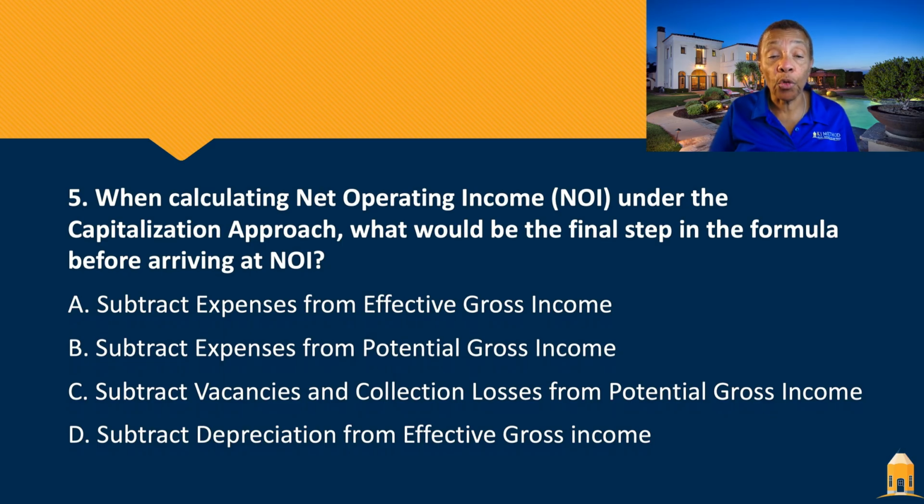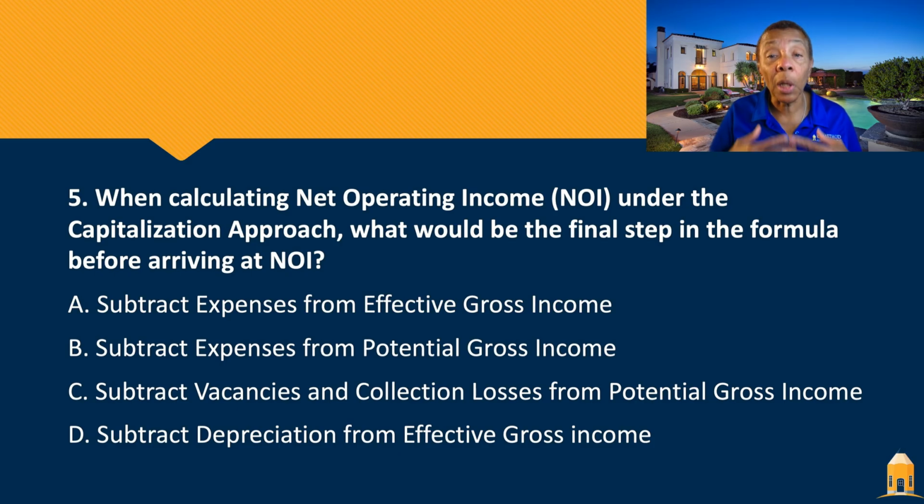C, you're going to subtract vacancies and collection losses from the potential gross income. Or D, you're going to subtract depreciation and effective gross income. Well, hopefully you know and you could get rid of D, right? You got to be a good eliminator on this test. We just said depreciation doesn't even come into it. So the answer here is A, subtract expenses from effective gross income.